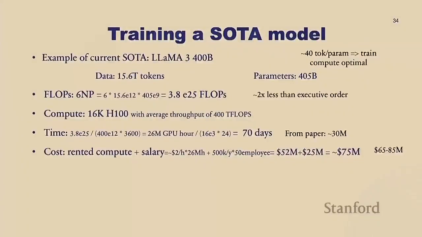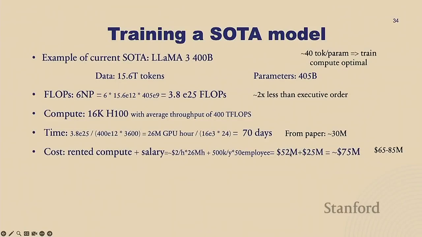Cost, it's hard to approximate, but I'm just going to say it's kind of the rent. What if I were to rent that many H100s for that many days? How much would I pay? A lower bound on the renting cost of an H100 is around $2 per hour. So if you multiply this by 26 million hours, you get $52 million.